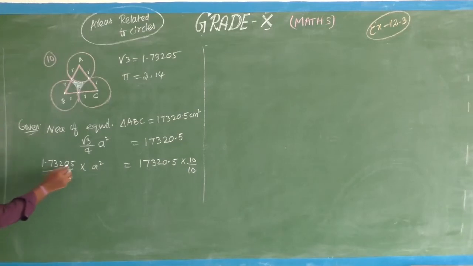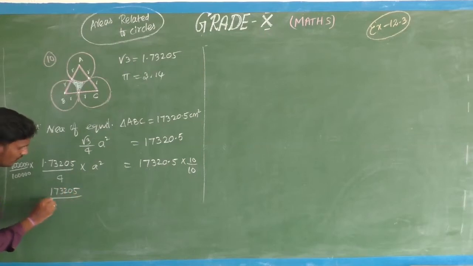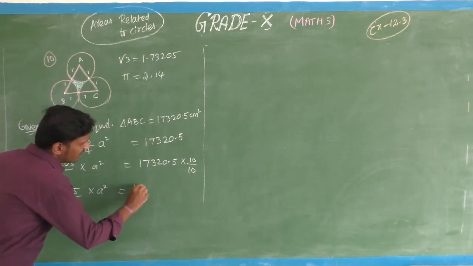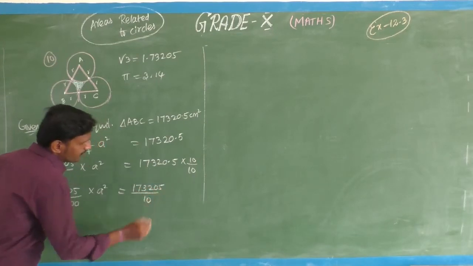How many decimal places are available? 1, 2, 3, 4, 5. So I am going to multiply by 5 zeros, which is 1 lakh, to get the value 173205 whole divided by 4 lakhs, into a square, which is equal to 173,205 by 10.